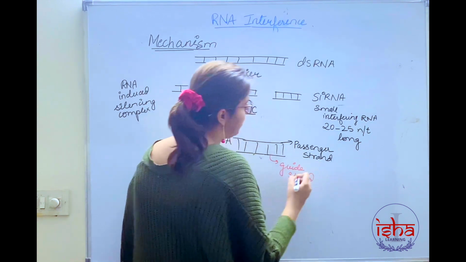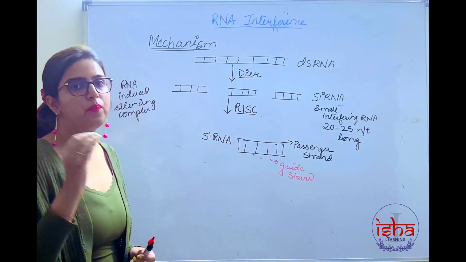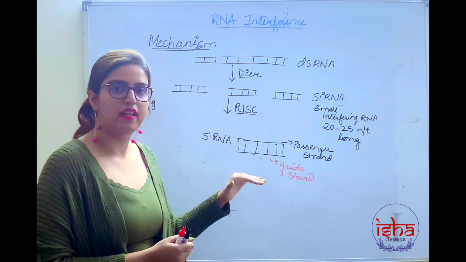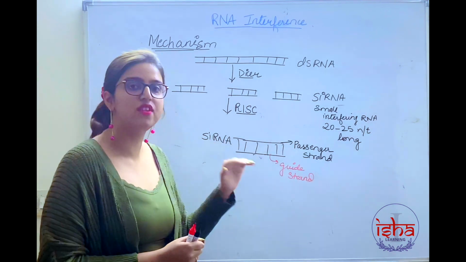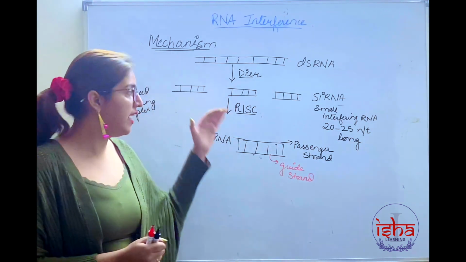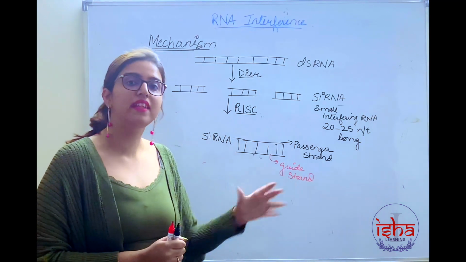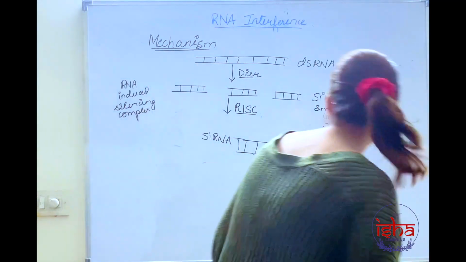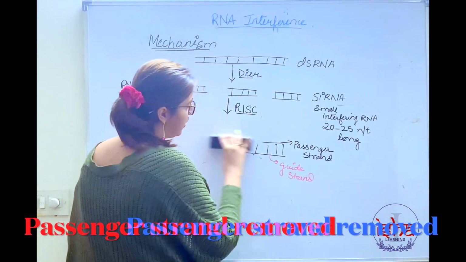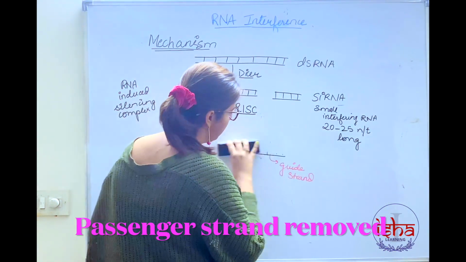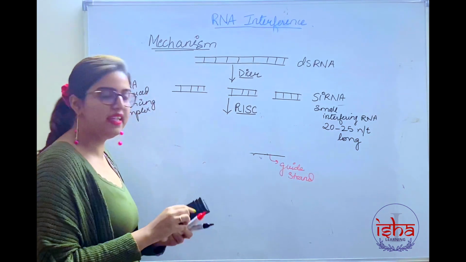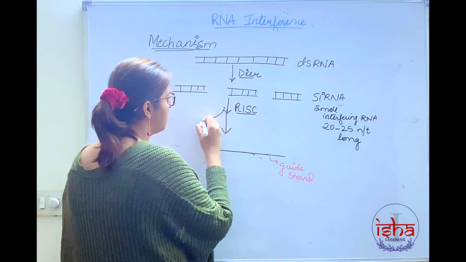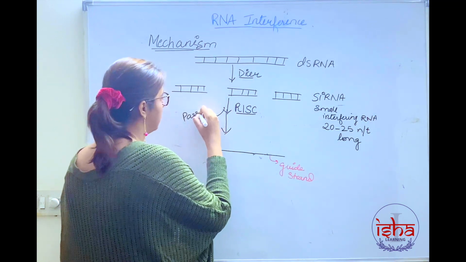My RISC complex is going to remove the passenger strand from the small interfering RNA. We'll only be left with the guide strand. Towards the end of this mechanism, I'll tell you why they're called so. But for now, let's move ahead with these names. So RISC cleaves away the passenger strand and I will be left with the guide strand.